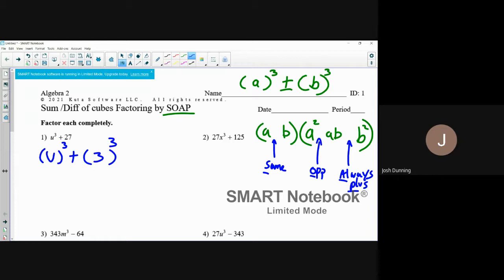Now, for the A's and B's, and this was the hardest part for people in class, you don't use these. You don't use that, or else there would have been no point to what we just wrote down. You use this for A without the cube, and use this for B. Again, it's just those numbers or the variables that are in the parentheses.